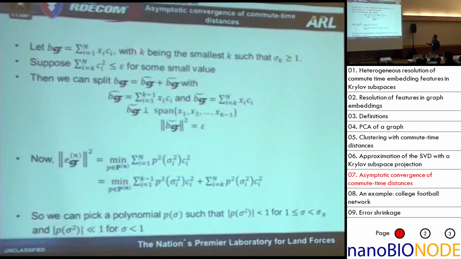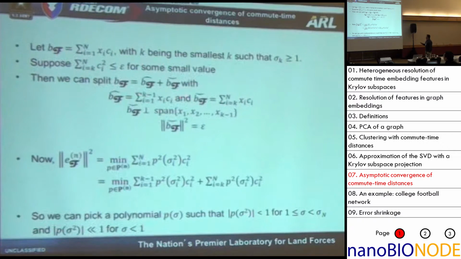But then we get some index k such that sigma k is the first singular value which is not less than 1. Now here's the key low-rank assumption that we're going to make. We're going to assume that all expansion coefficients with index k or bigger are going to be trivial. We're getting some tiny epsilon.